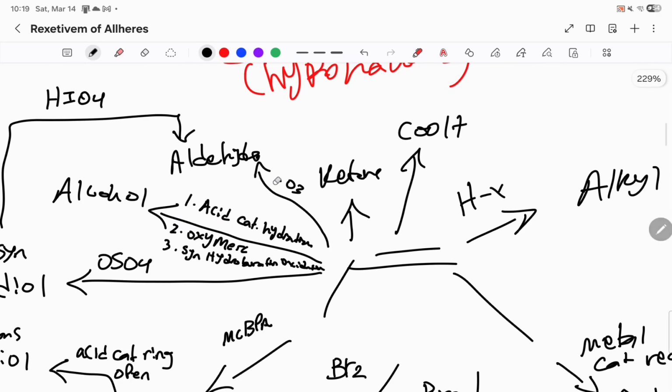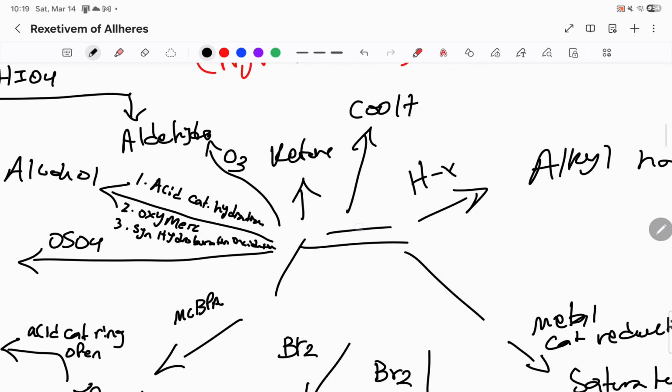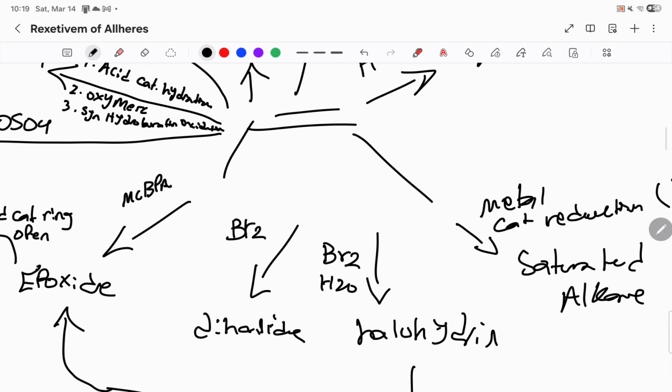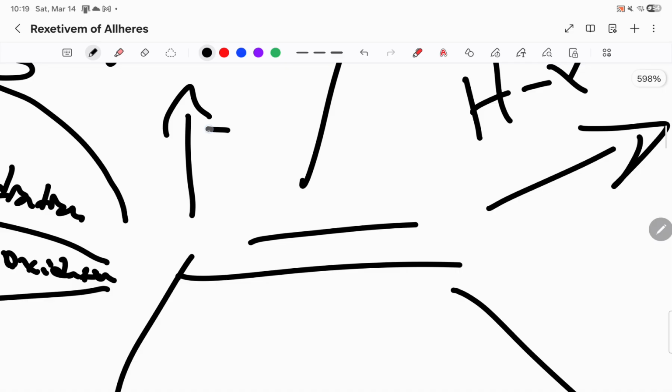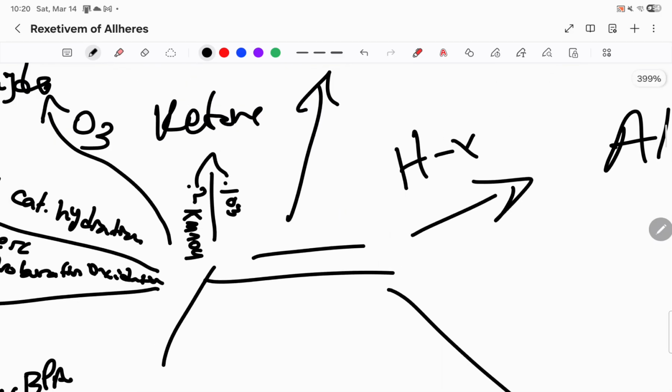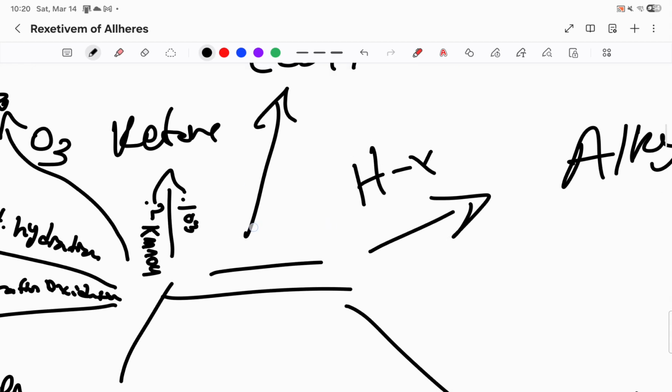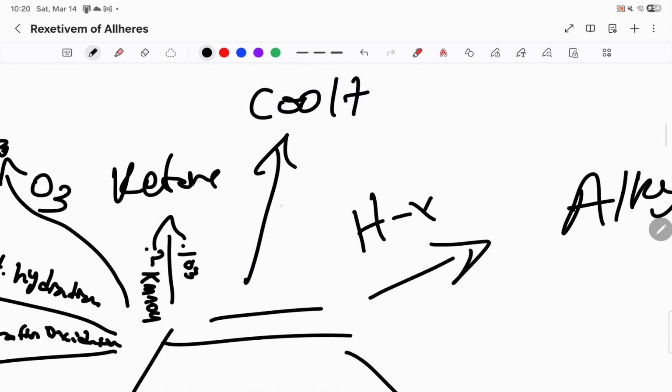You can get an alkene. You can get a ketone. How can you get a ketone? You can get a ketone by a couple of methods. One of them is ozonolysis. The other method is KMnO4, which, if you remember, we said KMnO4 can give you a carboxylic acid, a CO2, or a ketone. So we will write that down for ourselves for KMnO4.